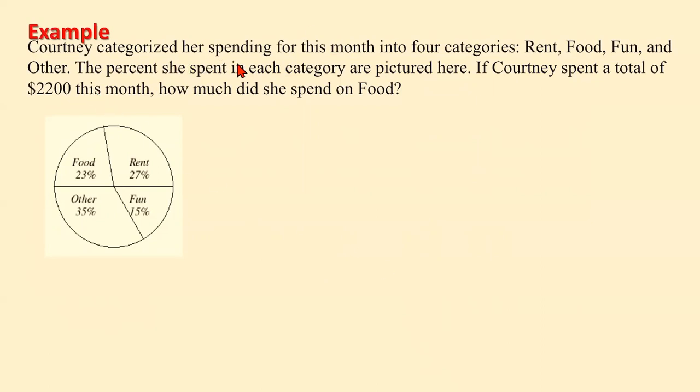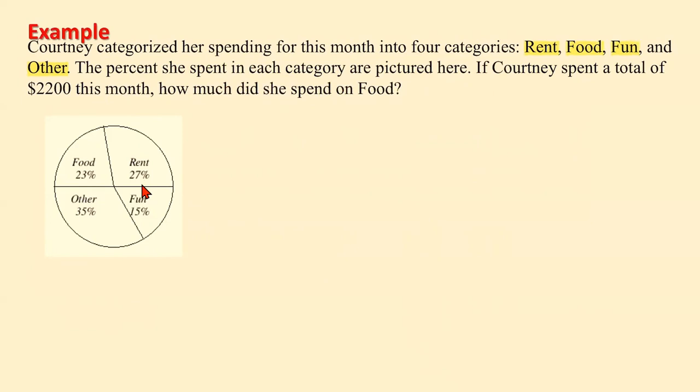Courtney categorized her spending for this month into 4 categories, as you can see here. And those 4 categories are rent, food, fun, and other. The percentage she spent in each category are pictured here.